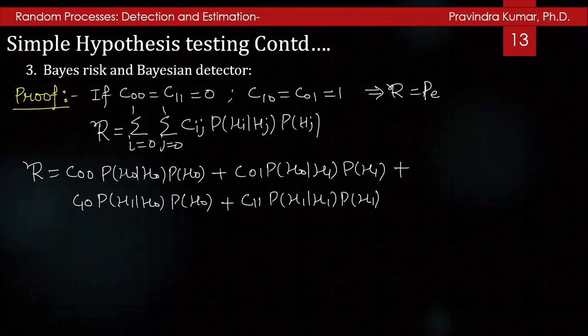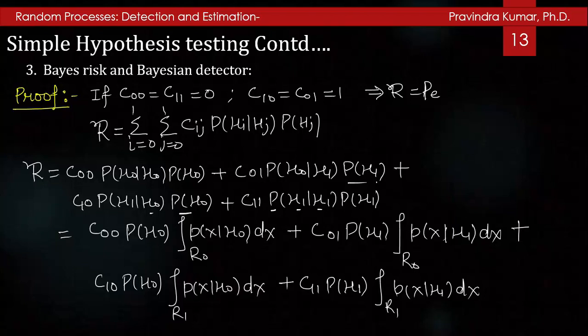So you can write here the Bayes risk is C00 P(H0|H0) P(H0) plus C01 conditional probability of H0 when H1 is given, into P(H1), plus C10 conditional probability H1 when H0 is given, P(H0), and C11 P(H1|H1) P(H1).